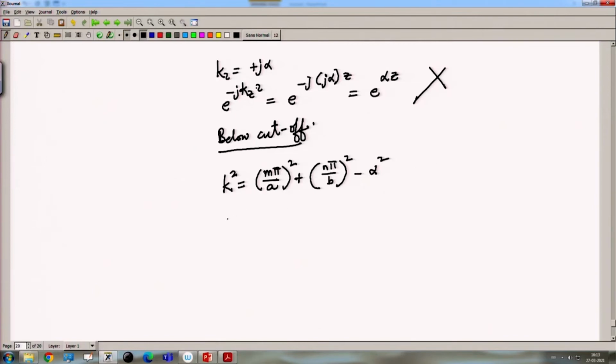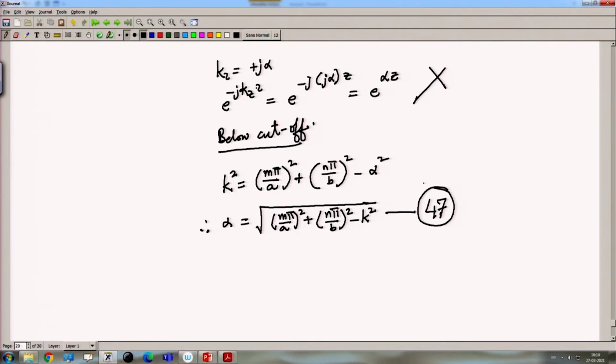So, therefore, alpha, that is the attenuation constant, is given by the root of m pi by a whole square plus n pi by b whole square minus k square. So, we call this equation 47.